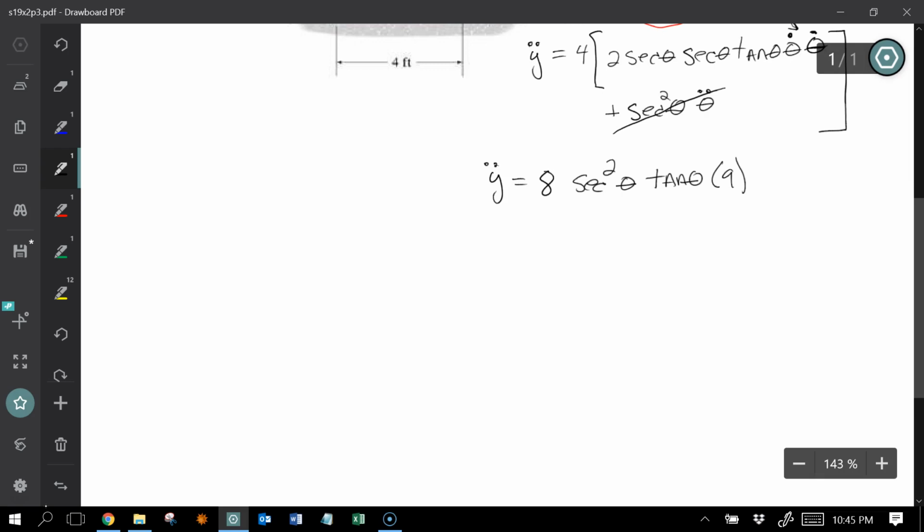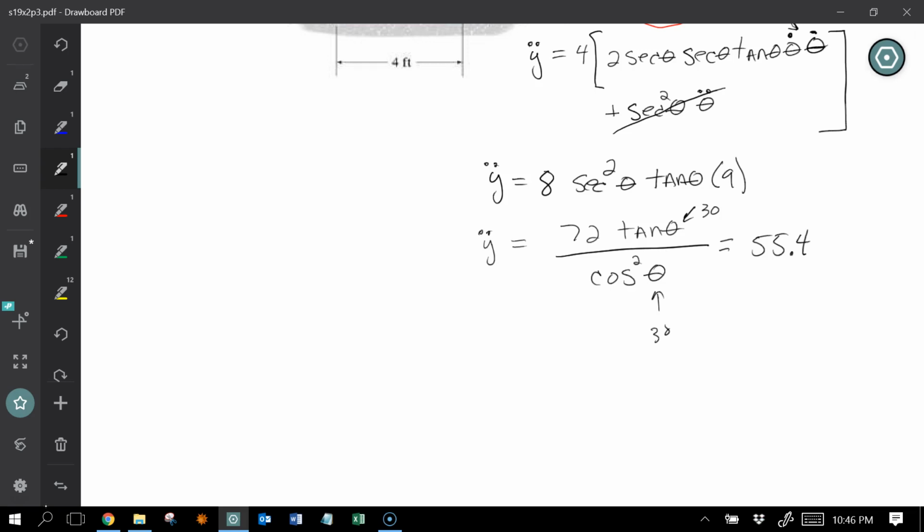Okay, and some of you said you didn't have a secant on your calculator, so this would be 9 times 8 is 72. Tangent of theta. Secant is 1 over the cosine. Plug numbers in. The number is 30 for theta, so this is 30. 30. And my calculator gets 55.4. Okay, that's it. And I'll do another one, and this time I'll use polar coordinates.